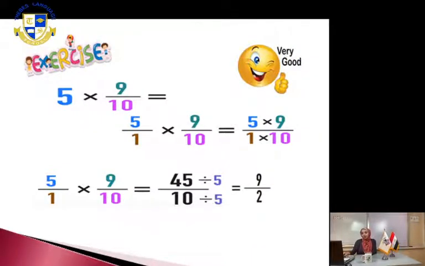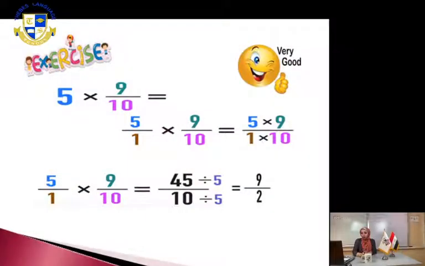Another exercise. We have here a whole number multiplying a fraction. What can we do here? We are going to put 1 under 5 to make it a fraction. It will be 5/1 multiply 9/10. Okay, can I use the butterfly method here? Yes, we can do it. How?